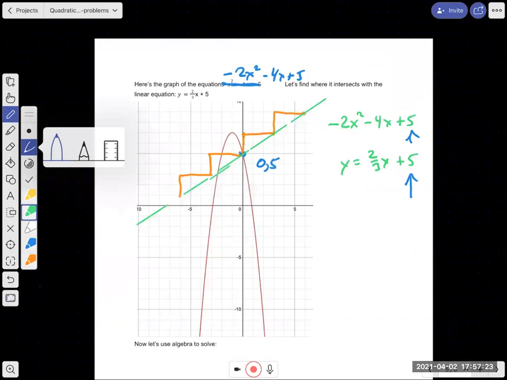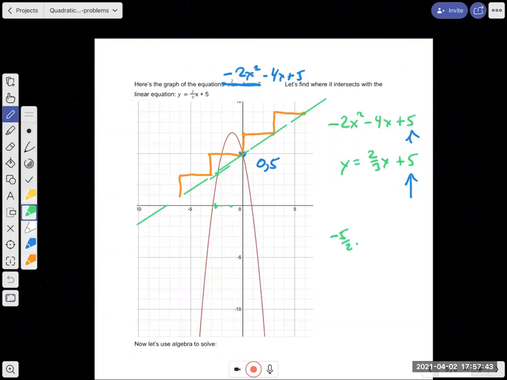It looks like it's close to minus 5 halves, 3. Okay, so we say, okay, there's our 2 points of intersection.